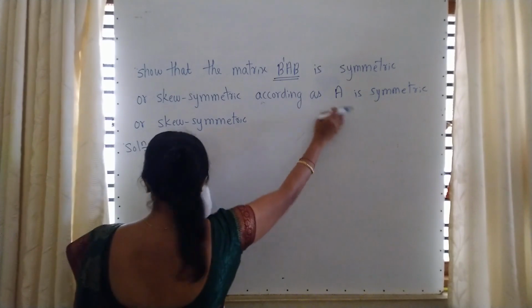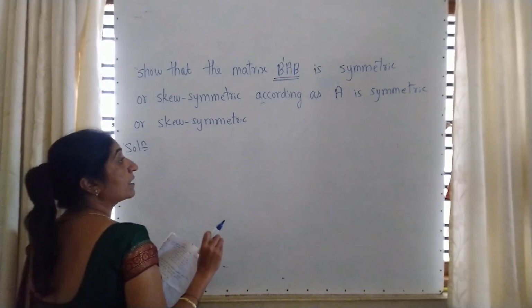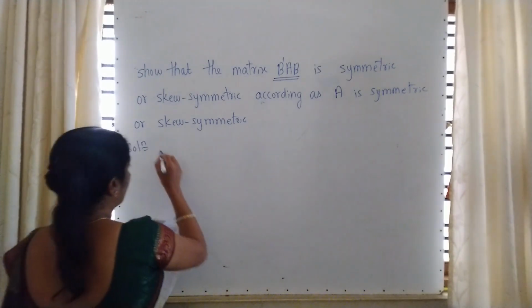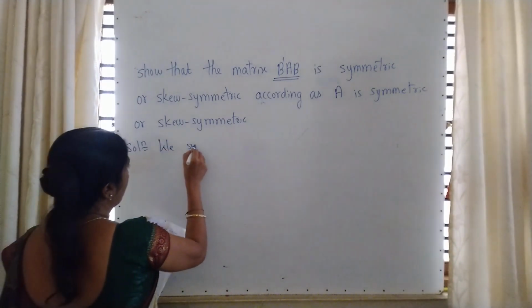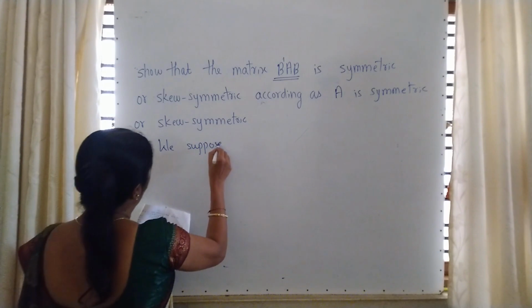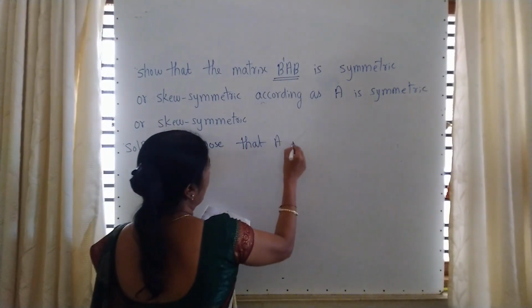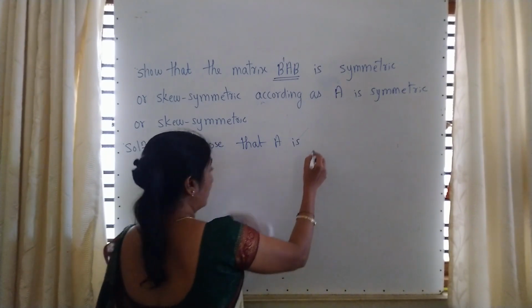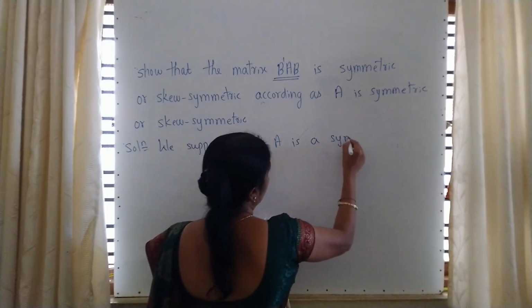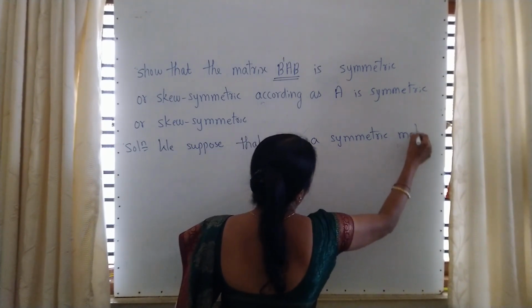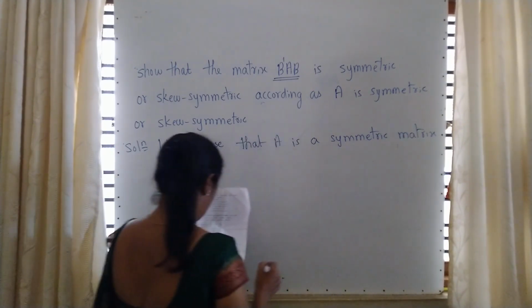Start with A is a symmetric. A is symmetric means what is given? A transpose is equal to A is given. Write down. We suppose A is a symmetric matrix.